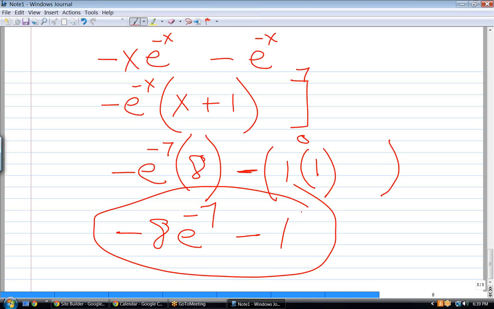Otherwise, we'd be factoring out an e to some power. And this is the way you want to put your final answer. You don't want to give it as a number unless it's a multiple choice or something. But I'm betting that even if this was a multiple choice question, this would be the answer. They would not turn this into a number.